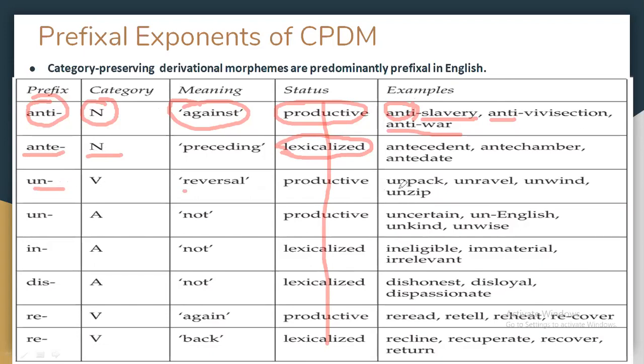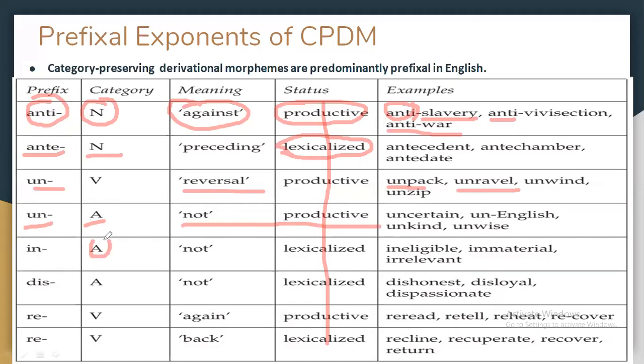Reversal: unpack, for example, right? Unravel, for example, unweight, unzip, for example. So the meaning is different. It means a new word, unpack. Pack is one word, and unpack is a different word. It has a different meaning, but the word class is the same. Whatever is here, you can see, right? Let's not waste our time.